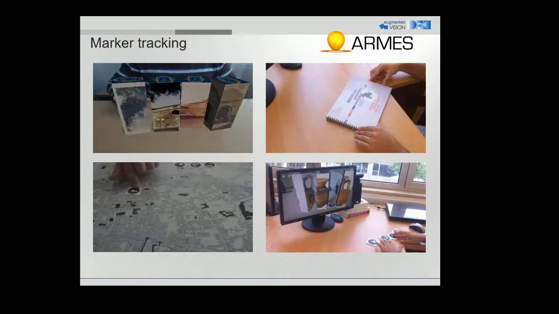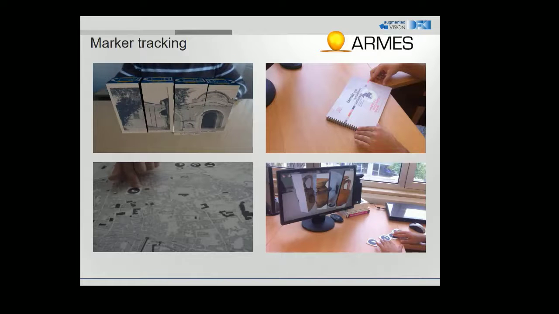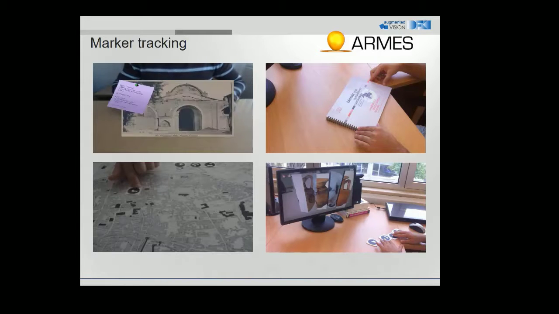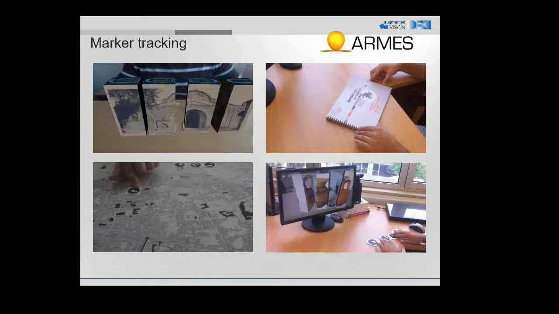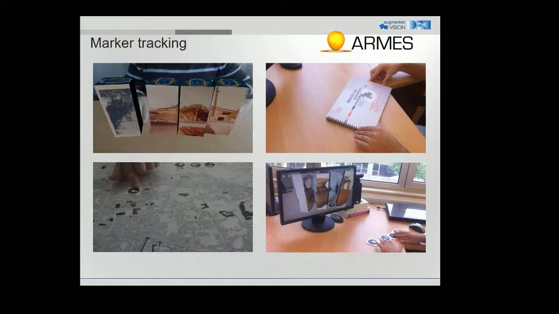Markers are shapes, or rather patterns printed on paper, where the camera already knows how the pattern should look, and the job of the camera is to detect these patterns in the image and, based on that, find its position in the world.